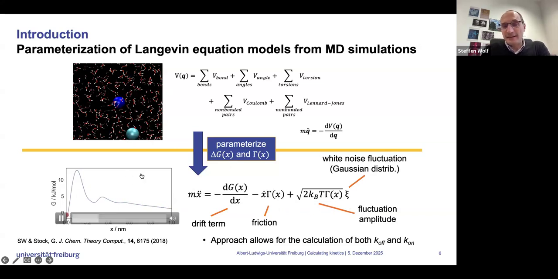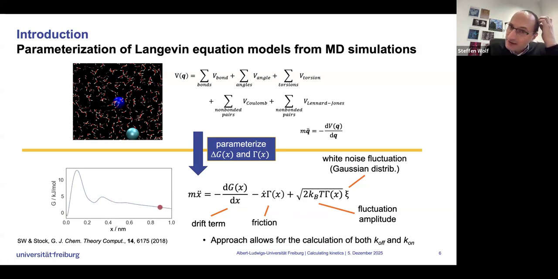If we have that, integrating numerically this kind of equation is way more efficient computationally than the fully atomistic simulations. And of course, what we then need is to find a way how to parameterize the free energy on one hand, for which again there exist a lot of different methods, but we also need to find a way how we can parameterize this friction profile.